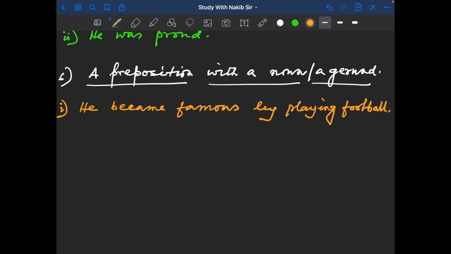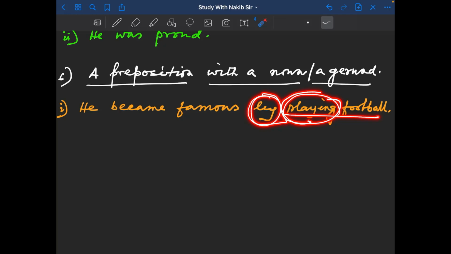Okay, he became famous by playing football. See, by is the preposition, playing football. Playing is a gerund because it is the ing form of the verb used after the preposition. So it is working here like a noun. For this it is called a gerund, you know. So the sentence is, he became famous by playing football.